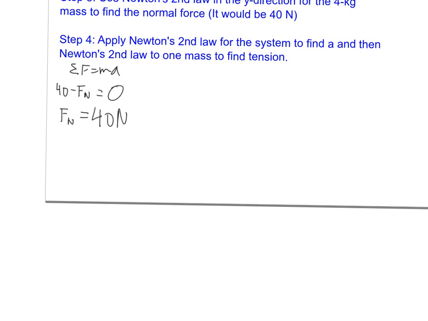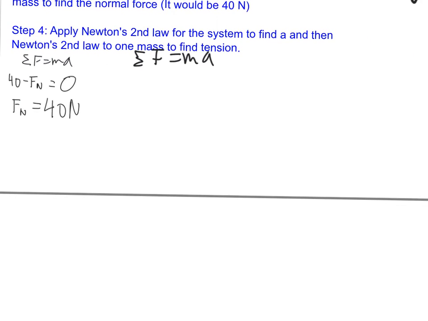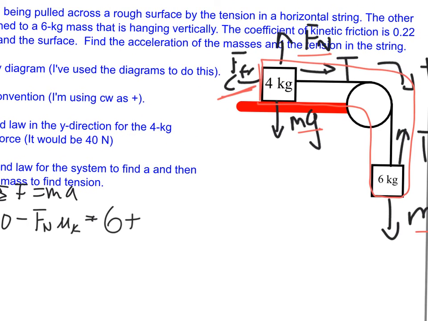So those are my two forces. Again, I'm going to write net force equals ma, and I've got my weight, and that was a 6 kilogram box. So my weight is 60 minus my force of friction, which is my normal force times the coefficient of friction, and that equals my mass, 6 plus the 4. Remember, I'm doing this for the entire system, so I need the entire mass of the system.